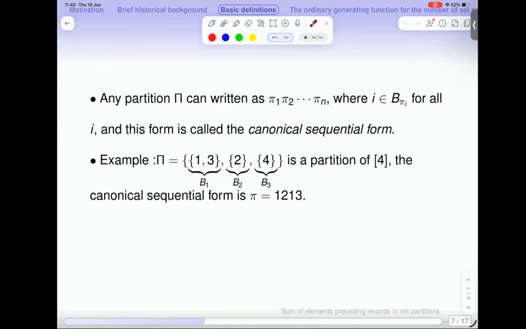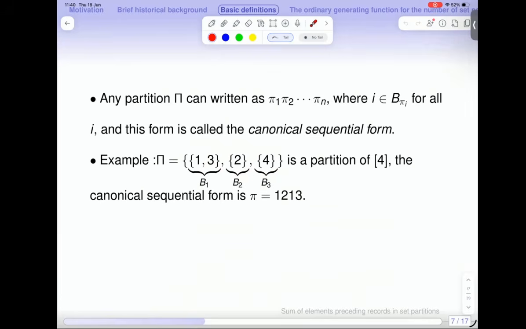Let me show you an example. Here we have a partition of the set [4] with exactly 3 blocks. So we have the subset {1, 3}, the subset {2}, and the subset {4}.